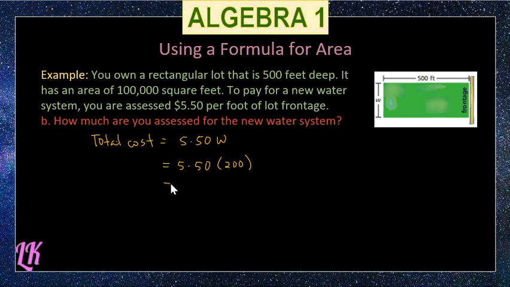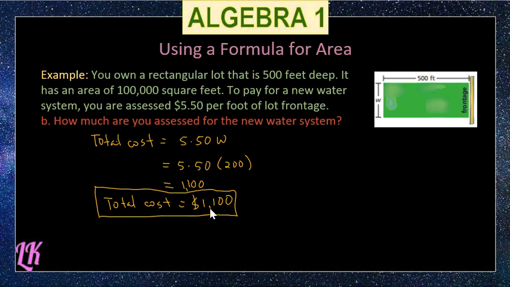So 5.50 times 200 is 1,100. But since this is an amount that was assessed, this should be expressed in dollars. So this is the final answer for letter B.